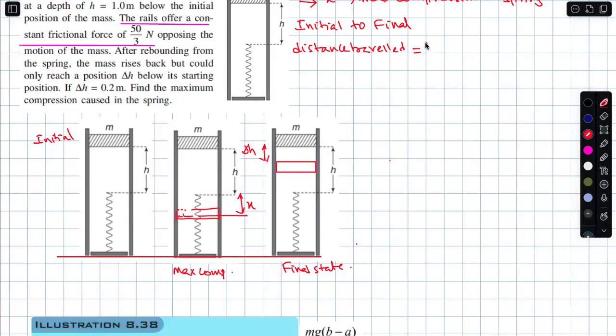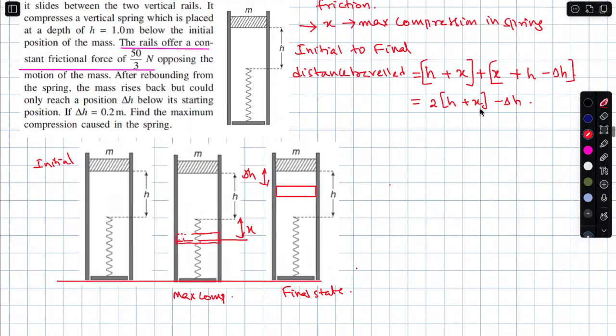Downward direction H plus X, upward direction H plus X minus delta H. This you can write as 2 times H plus X minus delta H. Any doubts till this point?